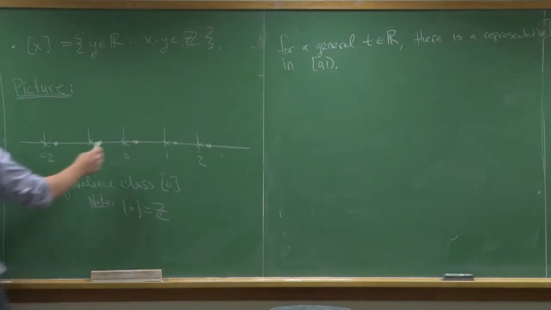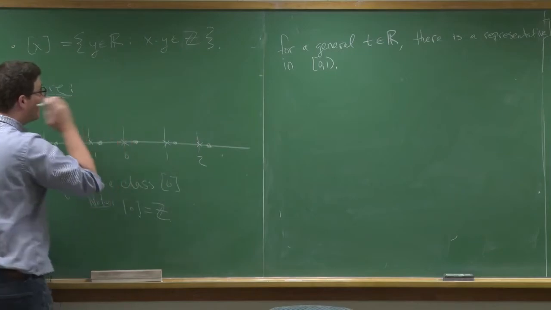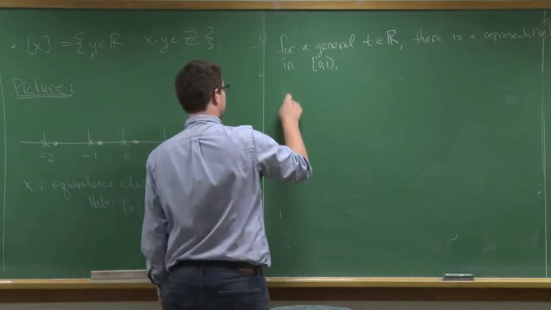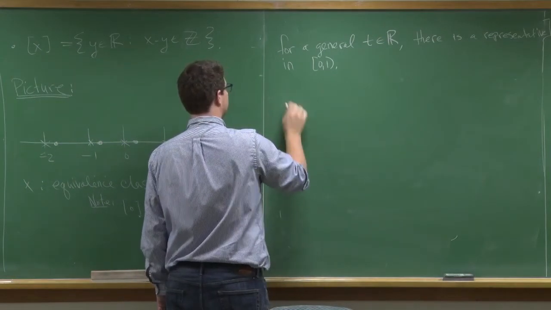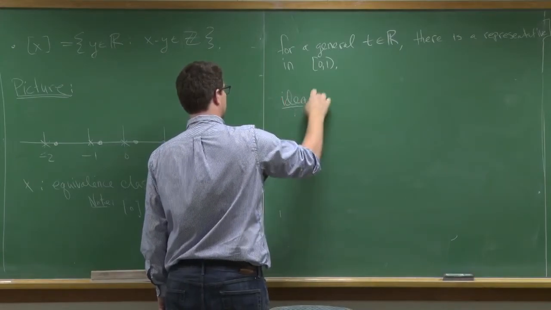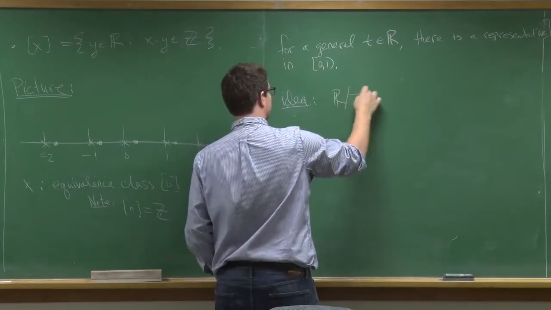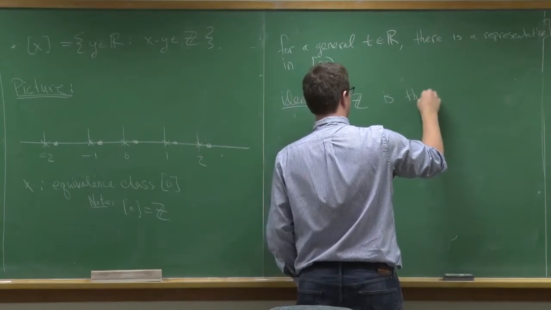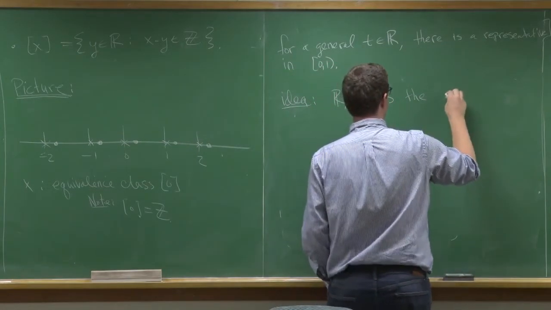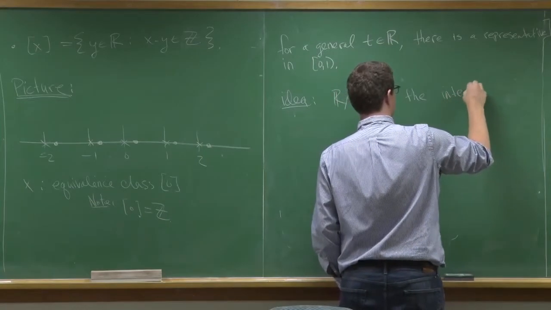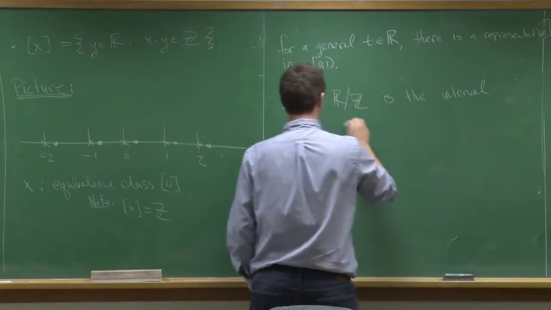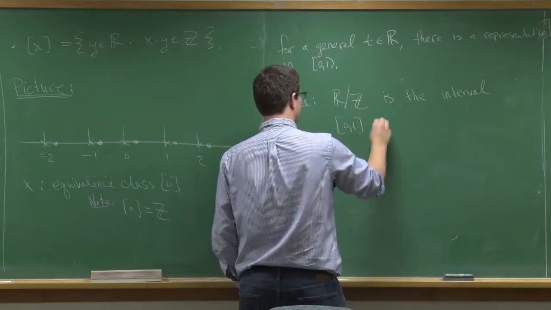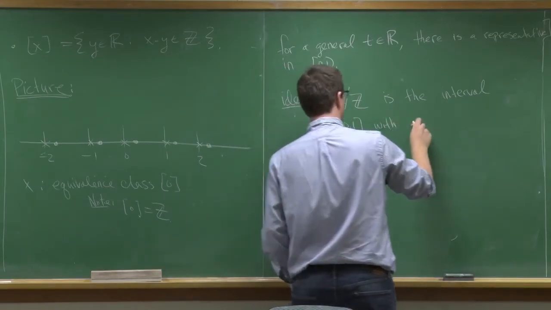So the idea is that R mod Z is the interval 0, 1 with 0 and 1 being identified.